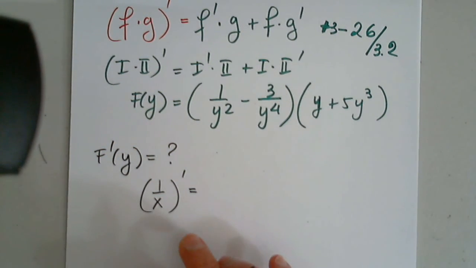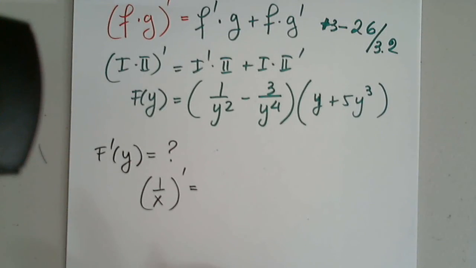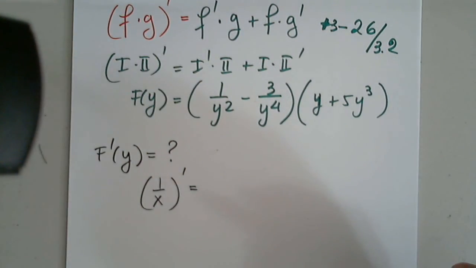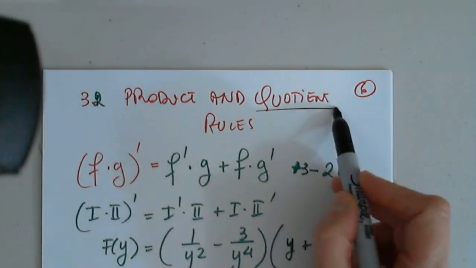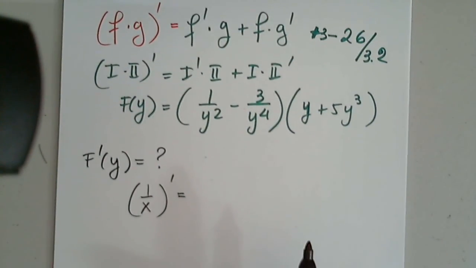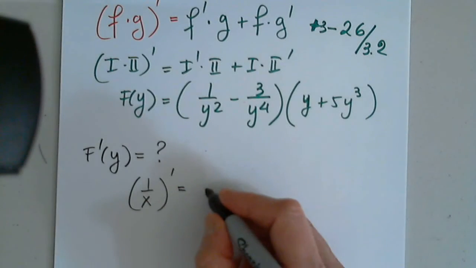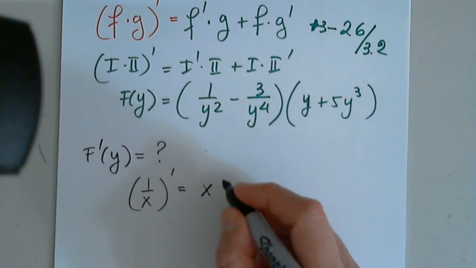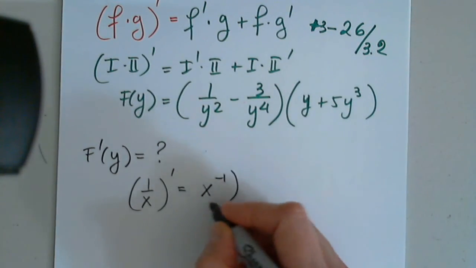Because again, this is going to be carved in stone moving forward. Well, I don't know how to differentiate a quotient yet. I will in a minute. But right now, I don't know how to do it. But it's very simple because I will change this into x to which power? The -1. Very good. Thank you very much.